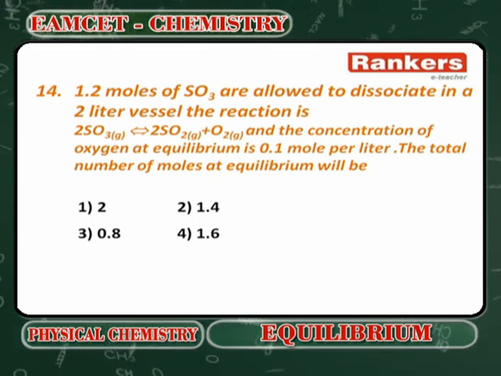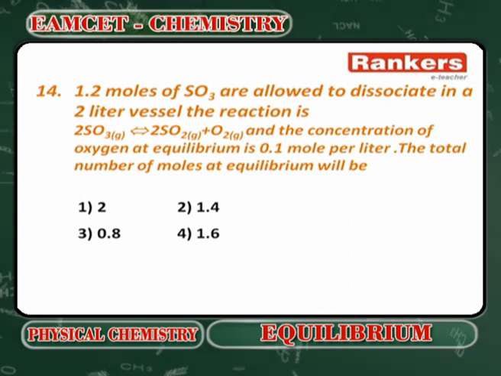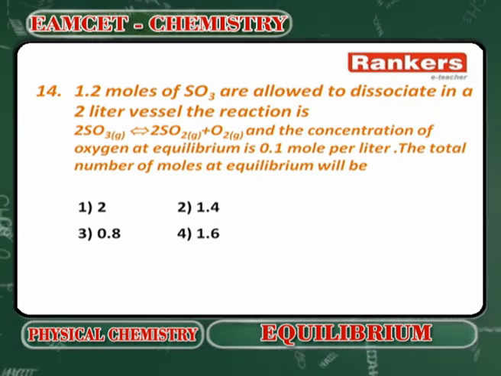1.2 moles of SO3 were allowed to dissociate in a 2-liter vessel. The reaction is 2SO3 gives rise to 2SO2 plus O2.